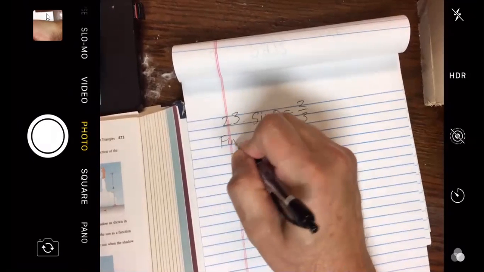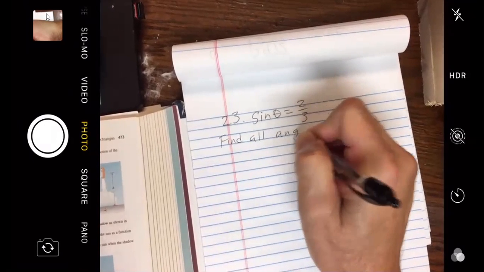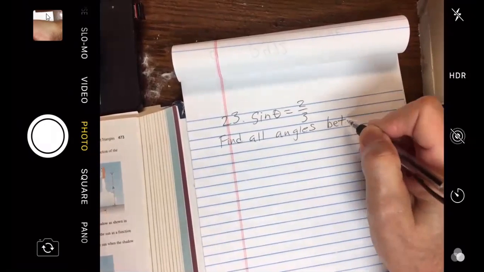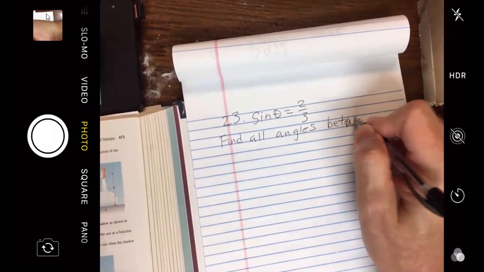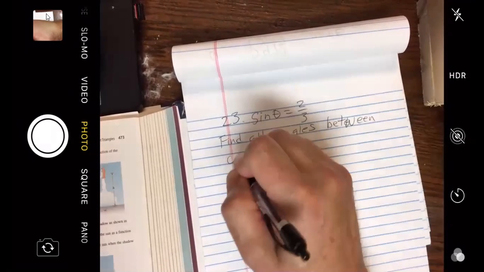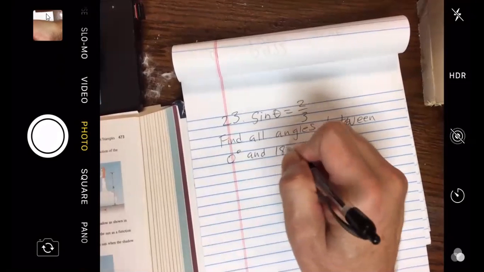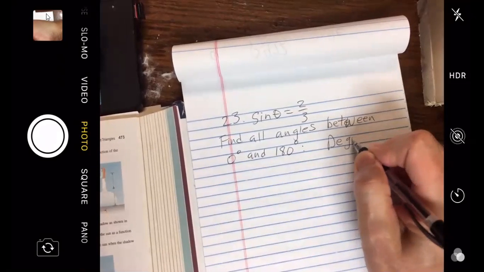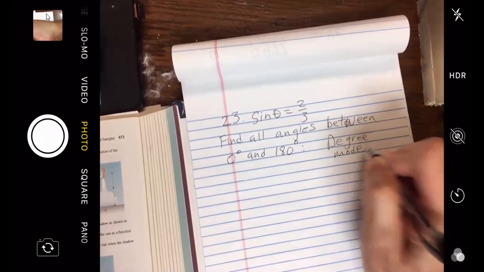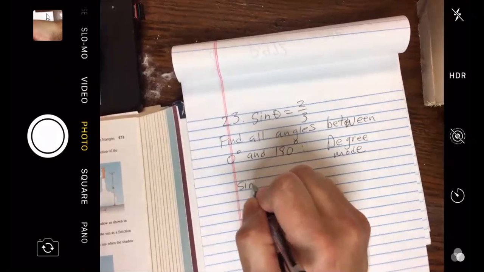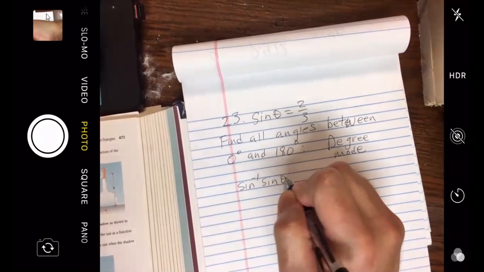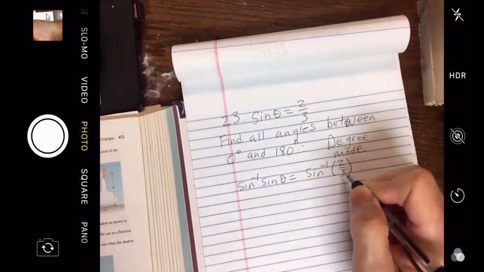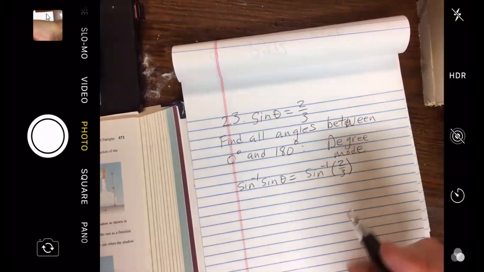Find all angles between, now they're really restricting things, between 0 degrees and 180 degrees. So you want degree mode. And you want to do an arc sine of 2/3. Yes, 2/3 is between -1 and 1, so you're okay.